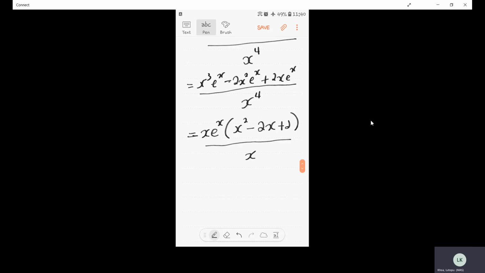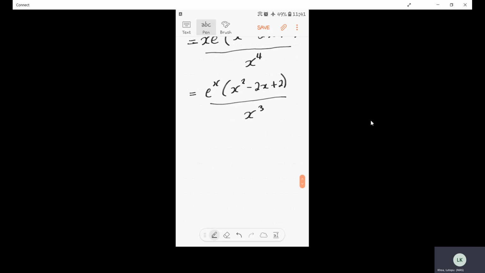This is over x to the power of 4. Okay, then the x and the x to the power of 4 can cancel. So what I have left is e to the power of x times x squared minus 2x plus 2 over x to the power of 3. So that is it in its simplest form.